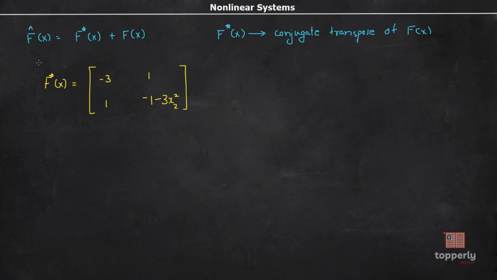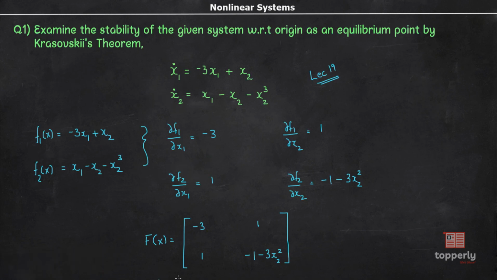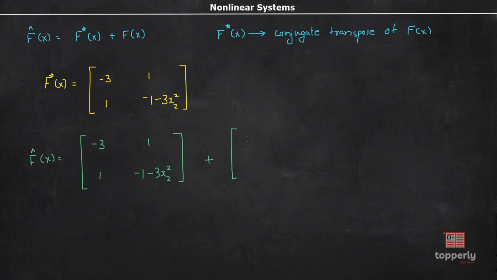Now we need to calculate F cap x, and F cap x equal to F star x, which is minus 3, 1, 1, minus 1 minus 3 x2 square, plus F of x, which is minus 3, 1, 1, minus 1 minus 3 x2 square. Therefore, on summation this gives us minus 6, 2, 2, minus 2 minus 6 x2 square.